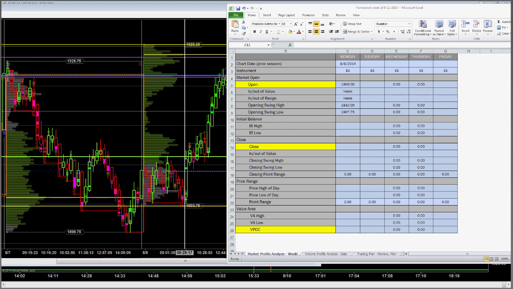You can just do a 30-minute chart and tag your opening swing, your IB high and IB low. So my initial balance for Friday I have as 1911 quarter down to 1903.75.